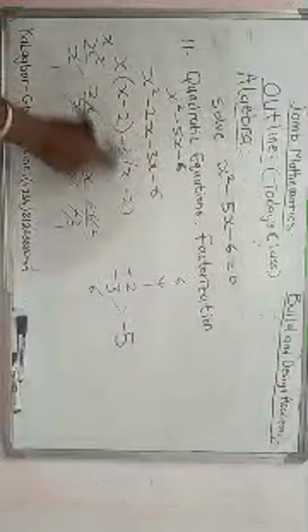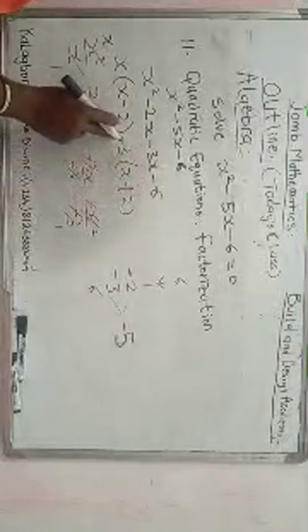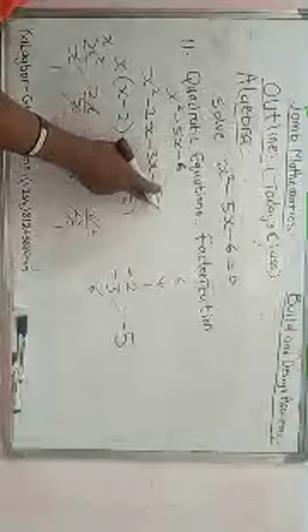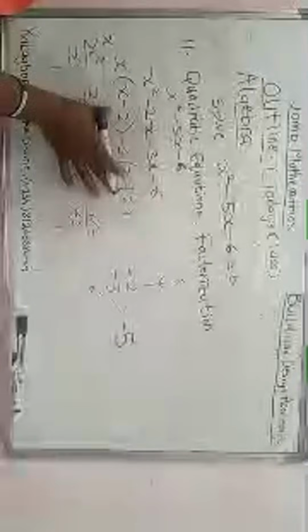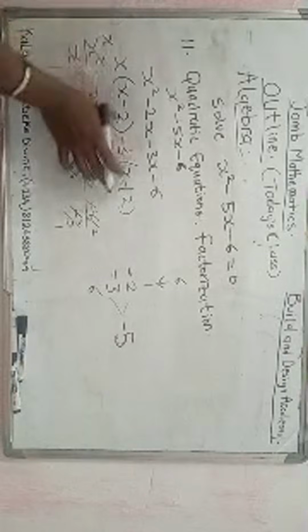So since we use negative here, this is positive. So minus 3 times x will give us minus 3x. This times will give us this. But we want to make sure that the signs in between both of them are the same.